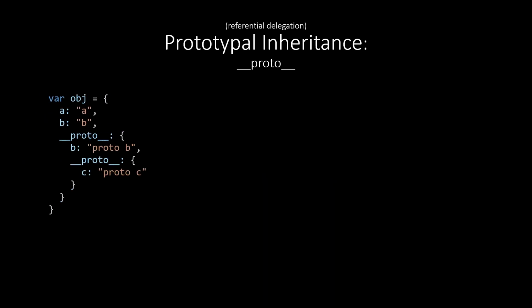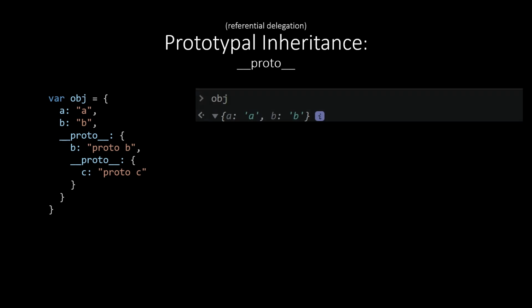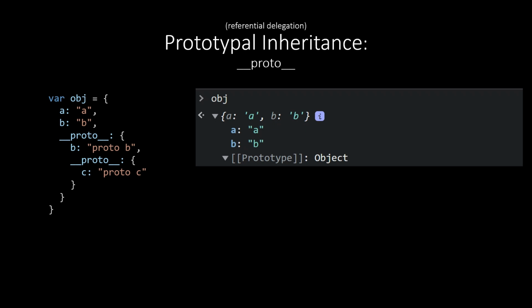Next, we have an object that has two layers of delegation, prototypes. And let's see what it looks like in Chrome DevTools. So we have that exact same object. We are expanding on it. It will only tell us it has A and B because everything else lives on its prototype.